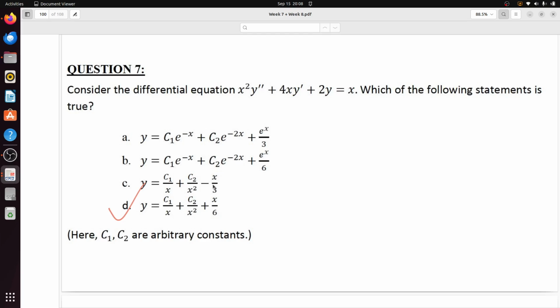Okay, so I think that there is some wrong information in this problem. Ma'am, this problem has some wrong information. Yes, I think so. So this problem has something wrong, but still I will solve it.